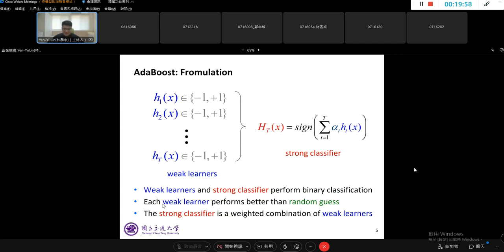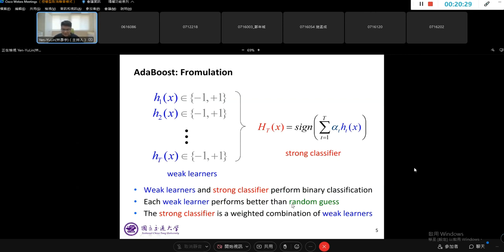In the literature of AdaBoost, each weak learner is required to perform slightly better than random guess. Such a weak learner is qualified to be used to construct a more powerful strong classifier. We know random guess means that we don't consider the data point's feature vector.